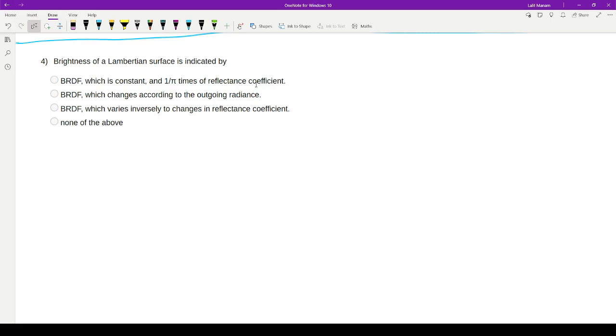The brightness of a Lambertian surface is indicated by what? BRDF, which is constant, and 1 by pi times the reflectance coefficient. BRDF, which changes according to the outgoing radiance. BRDF, which varies inversely to the change in reflectance coefficient. None of the above. What is BRDF?